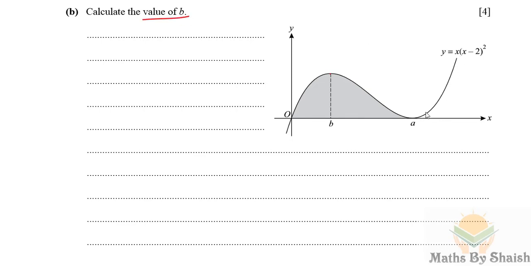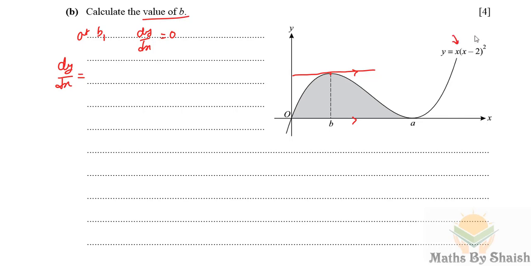Since y has its maximum value at x equal to b, at b dy over dx would be 0. Differentiation means the gradient of the tangent at this point would be parallel to the x-axis, so it is 0, and hence we'll find dy over dx first. We are going to solve it by the product rule.